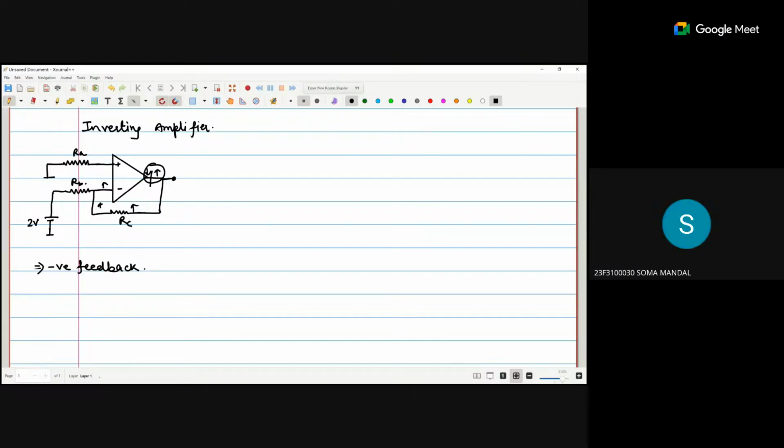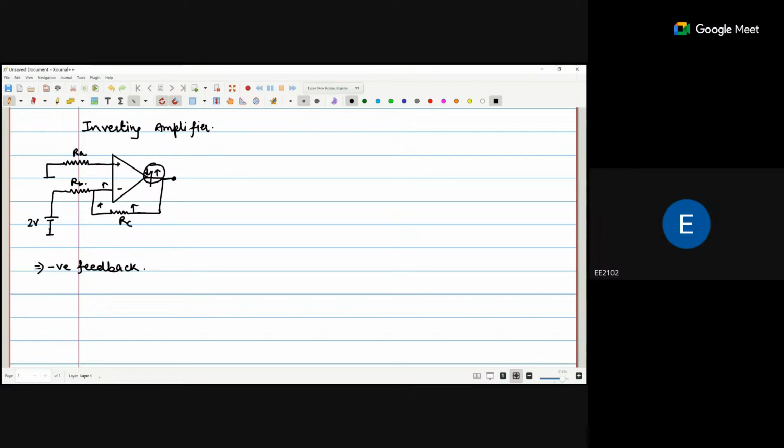Inverting or non-inverting, in both cases it will be negative feedback if you use the operational amplifier for some applications. If you are using it as a comparator, we use the positive feedback. If we calculate the threshold voltage, we use the positive feedback.